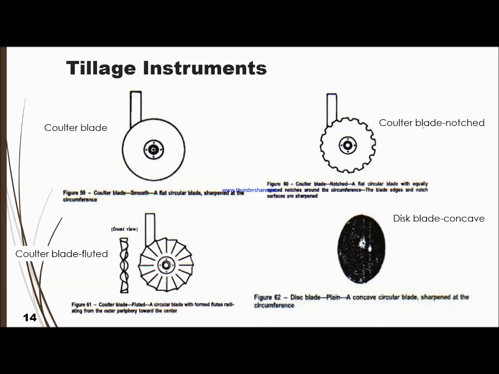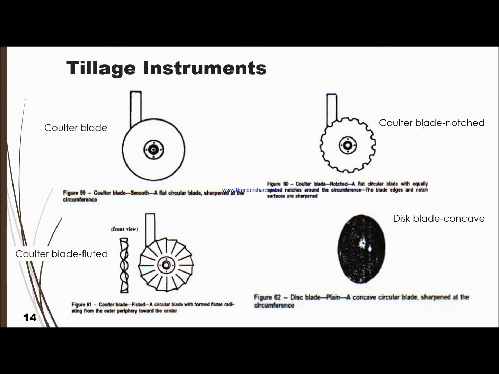We have a cultivar blade. We have a cutter blade, a notch. That's suitable for heavy clay soil. Cultivar blade flute, this one is also designed so that when cutting the soil, it moves the soil away from the layer.